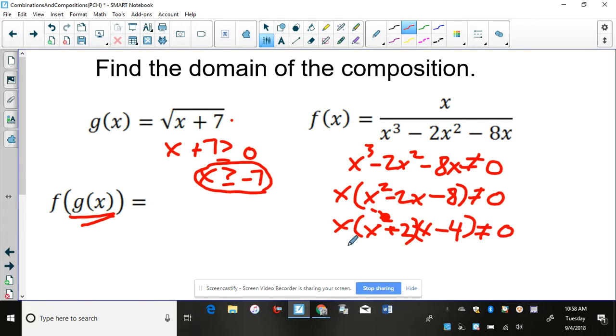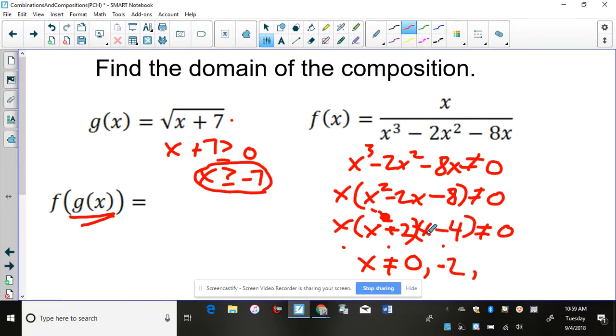So we have three factors in this product. We have x plus 2, we have x minus 4. We cannot let x equal 0. So what? If this is 0, the entire product is 0. So we have to exclude 0. If x here is -2, this factor is 0, and the entire product is 0, right? So we also have to exclude -2.